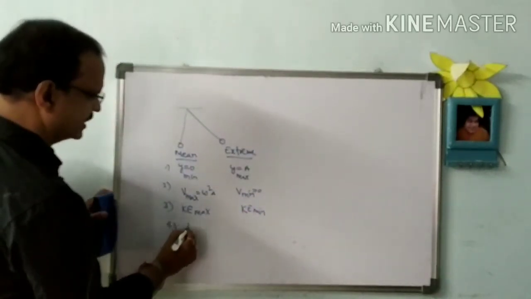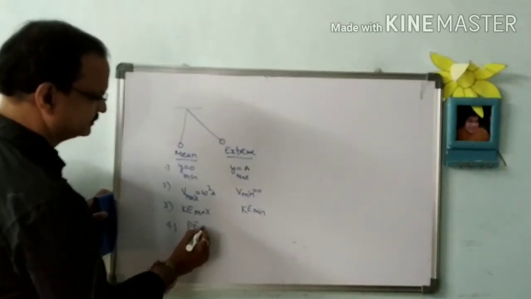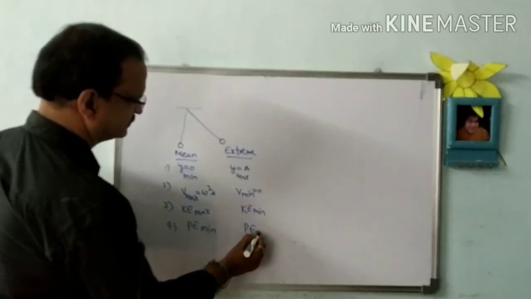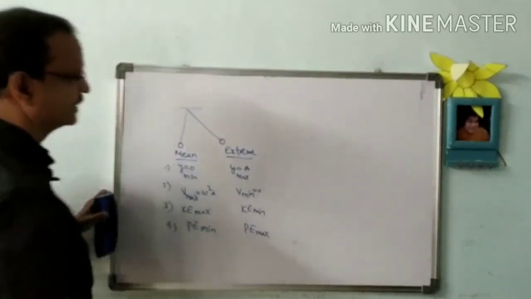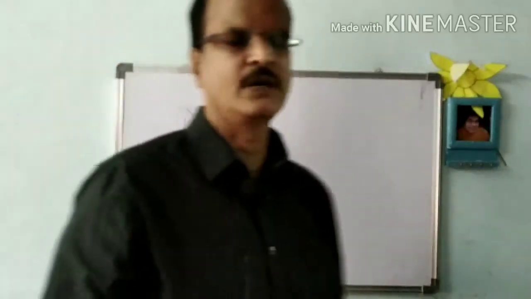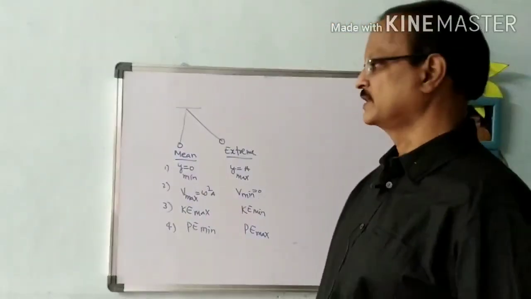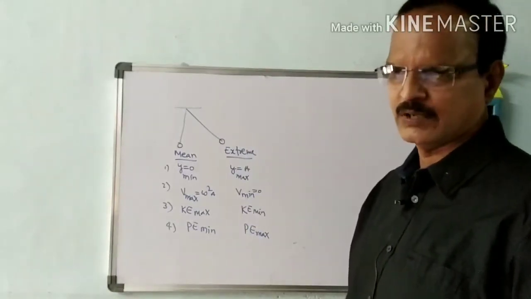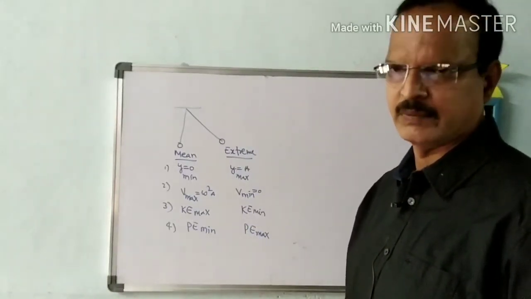Fourth one, potential energy is minimum at mean position. At extreme position potential energy is maximum. So like this, we can say in case of SHM, at which positions what quantities are maximum and what quantities are minimum.